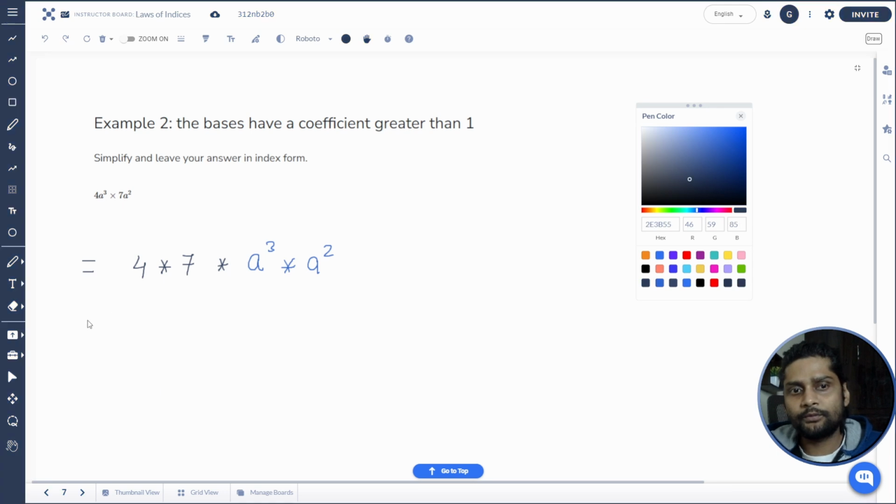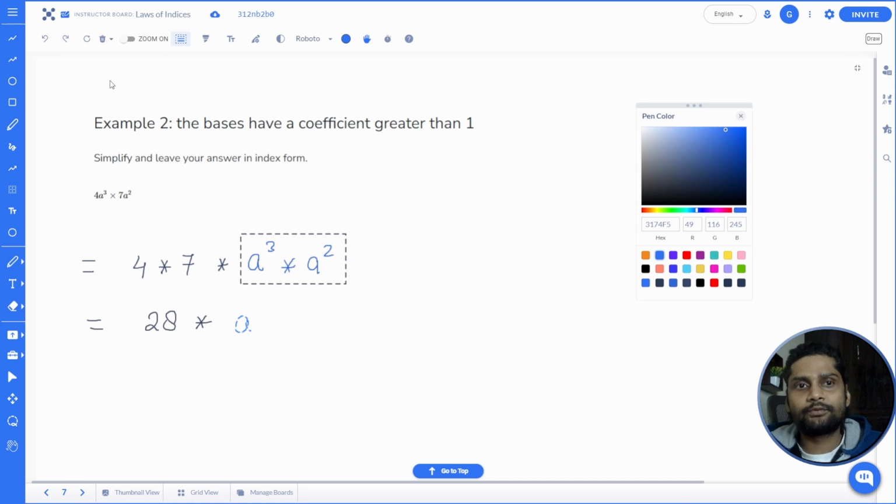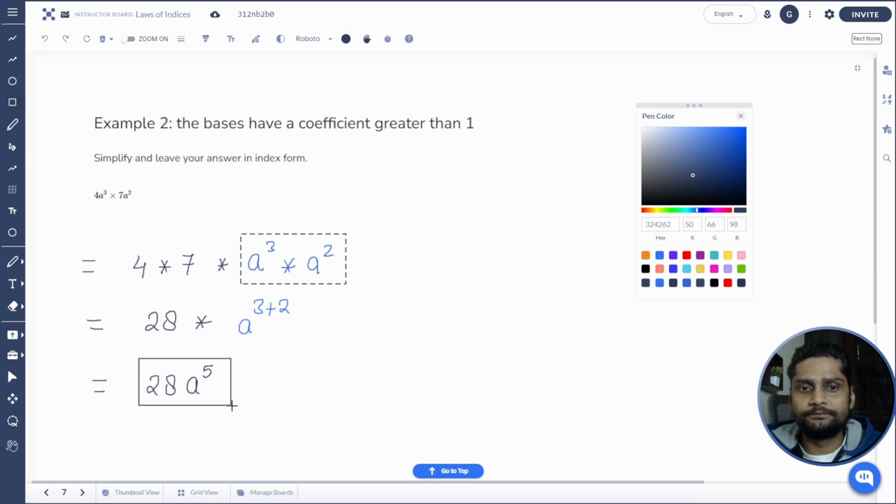Now the same idea, we have to multiply constants as usual, 28, and now these two terms are where we can apply the law of indices, which is the multiplying indices law, where we have a raised to the power of 3 times a raised to the power of 2. So we simply have to write down a a single time. Okay, so we just write a, and then we need to add the exponents simply. So we get the answer as 28 times a raised to the power of 5, and that's your answer.